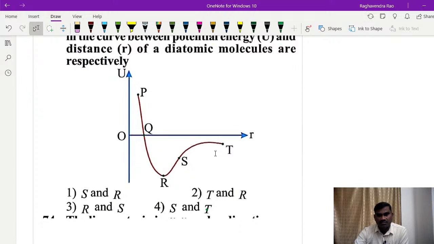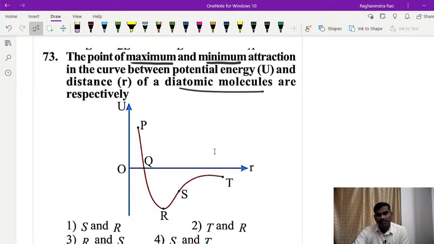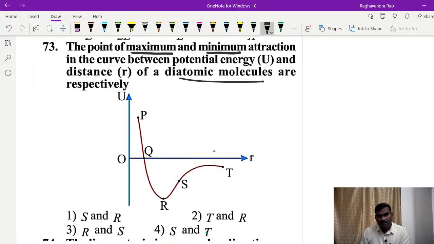Now see this question. The points of maximum and minimum attraction in the curve between potential energy and distance r of diatomic molecules. The positions are given. Now we have a diagram for force and separation. Above this we can expect the force diagram.